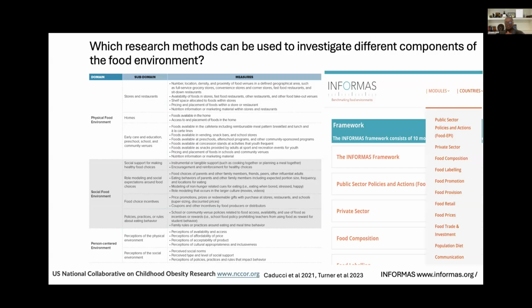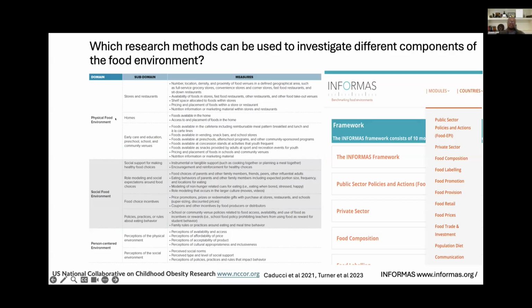And then one of the very popular approaches, the Informers Network, does have a number of models that can be applied to investigate or to measure different aspects of food environment, but also apply that in policy. So these are resources that those who are not very familiar with the approaches used in food environment could make use of, and they are very useful.